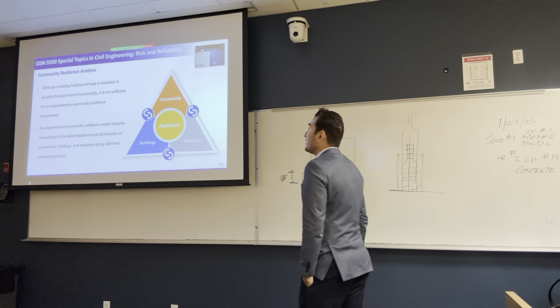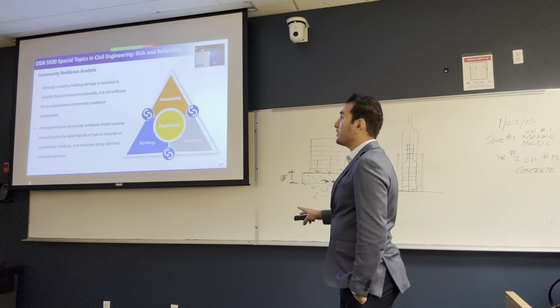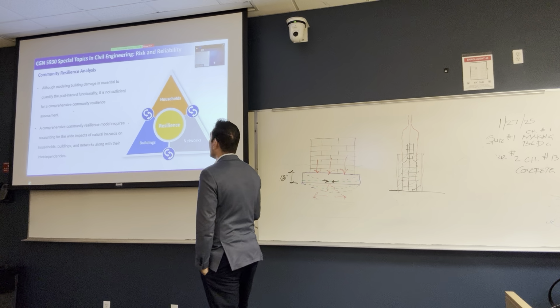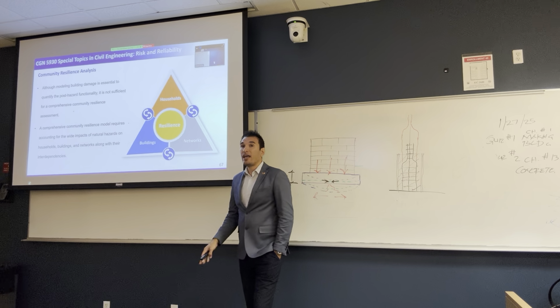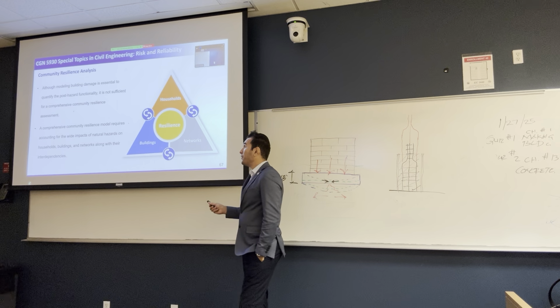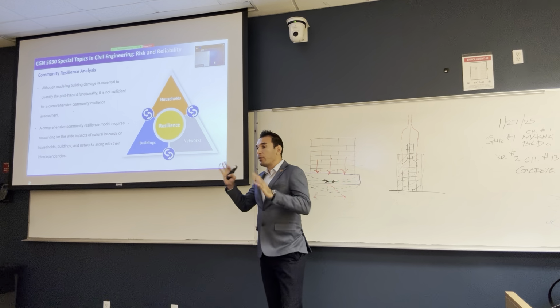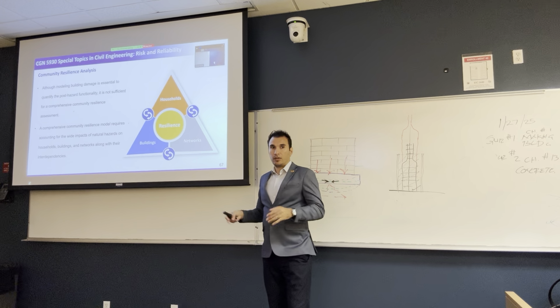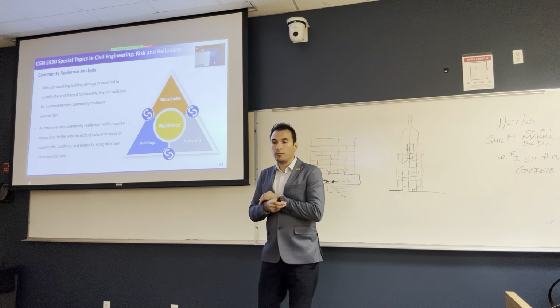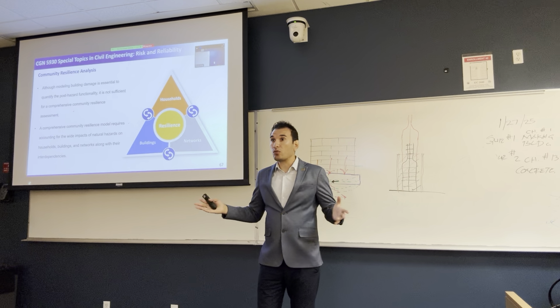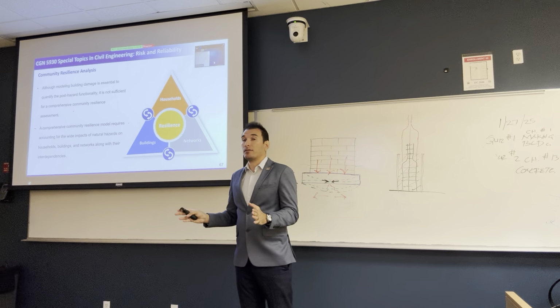So community resilience depends on three things: the household, the building, and the networks. It depends on the household itself, the people that live inside the house, and the building itself, how functional it is, and the networks. I mean all the buildings in the community: residential, commercial, social institutions, the schools, the hospitals, all this matters.